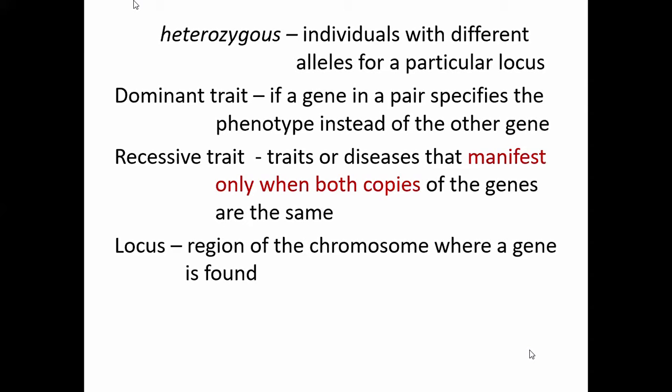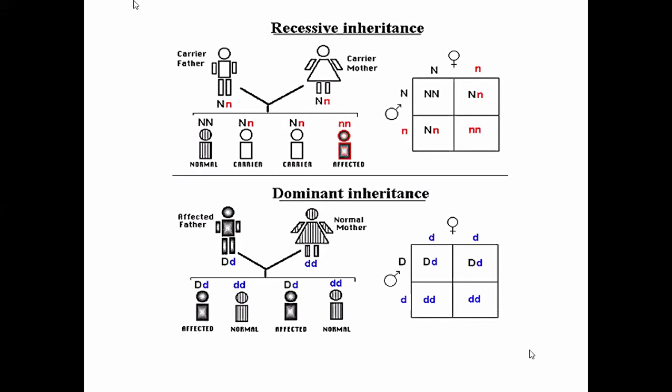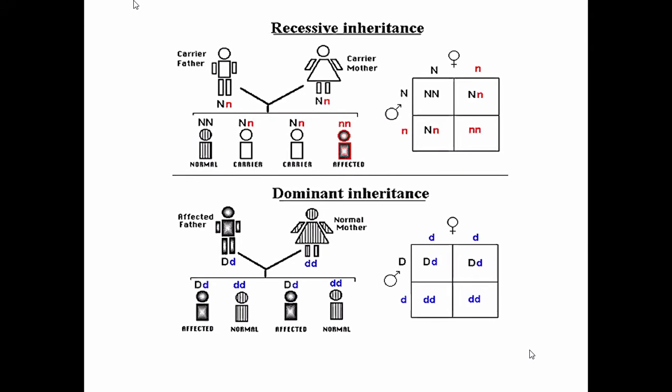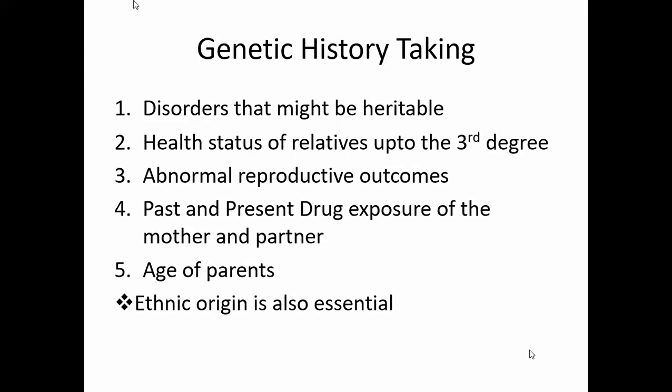The traits or disease that manifest only when both copies of the genes are the same. It is symbolized by the small letter n. Dominant inheritance means a gene in a pair specifies the phenotype instead of the other gene. So affected father, normal mother. For recessive, both are carriers.